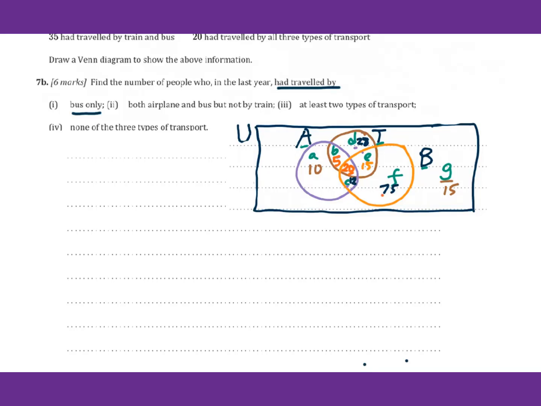Bus only, that means 75. Both airplane and a bus, but not by train. Airplane and a bus, but not by train. That means 12. This number, 12.